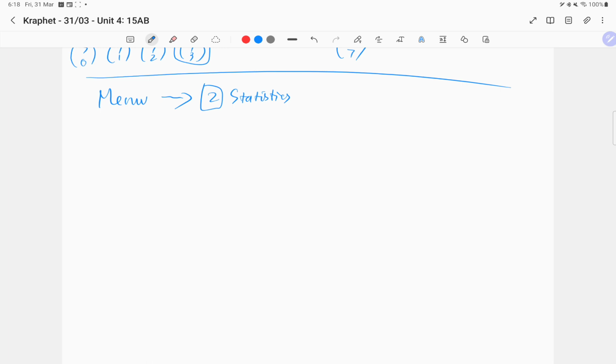Peter, have a look. Menu and then 2 for statistics, and then go to distribution, DIST, and then click on binomial, and then choose BPD. So this one stands for binomial probability distribution.